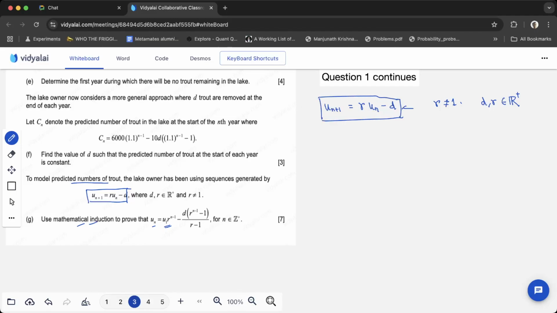Let us call this R, and we have this proposition that we have to prove: un equals u1 r to the power n minus 1 minus d times (r^(n−1) − 1)/(r − 1).